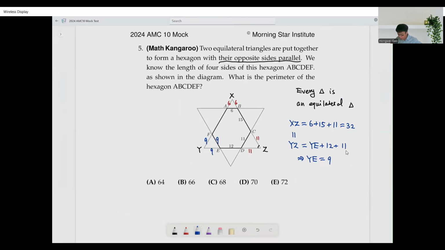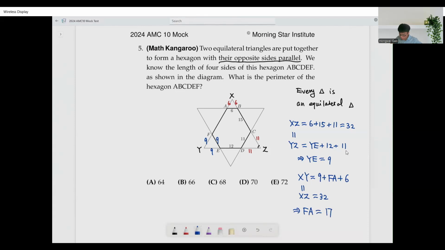Then we go to the side XY. On one hand, it's equal to 9 plus FA plus AX, which is 6. But we know XY is equivalent to XZ. XZ equals 32. From here, we can solve FA. 32 minus 9 minus 6, we got 17.